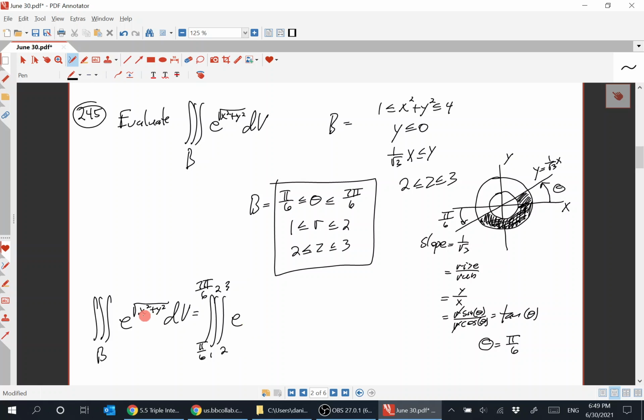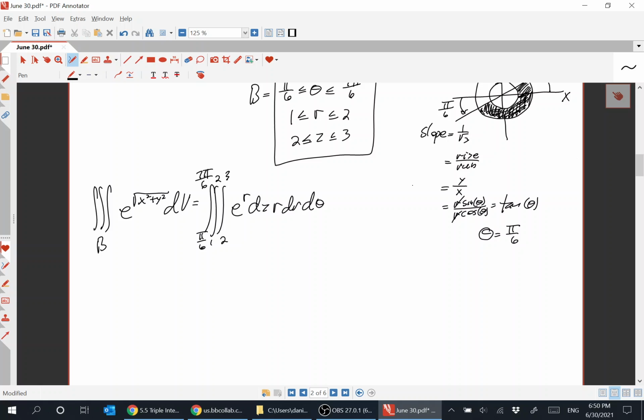And so this is e to the r. x squared plus y squared is r squared, and the square root is r. We don't have to worry about positive or negative r because r is already positive, going from 1 to 2. dz r dr d theta.